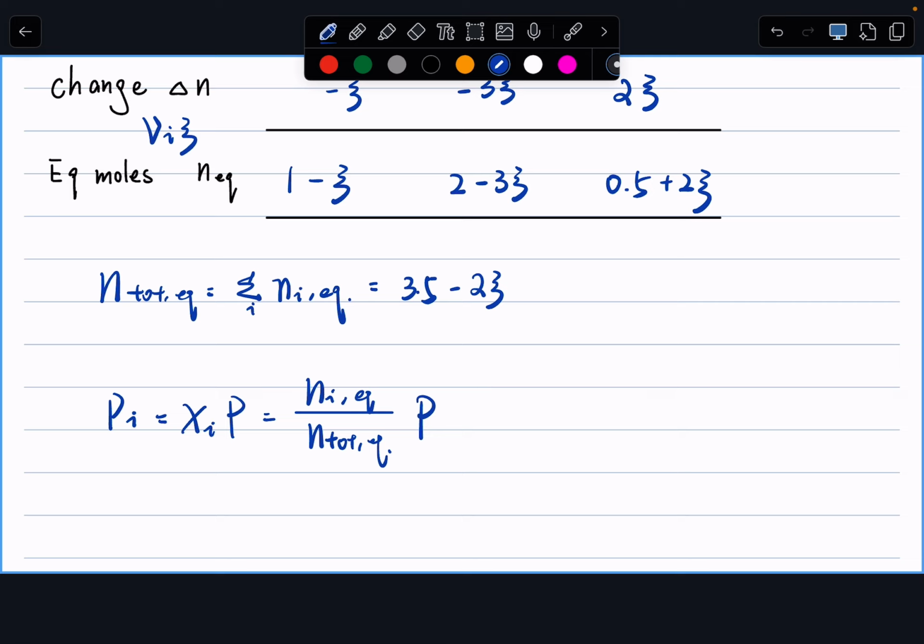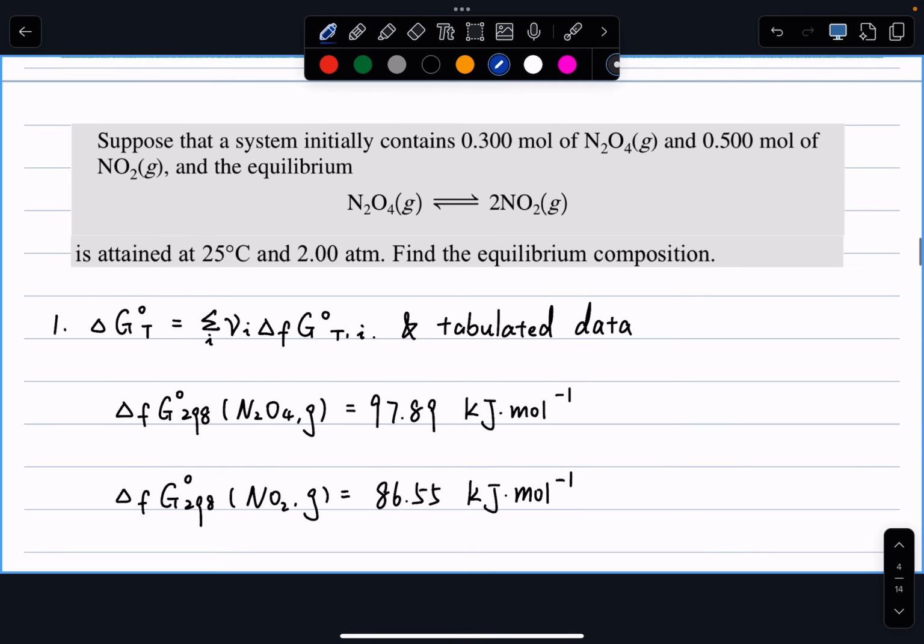And now let's do the real example, which might be a little bit more complicated. Imagine we have a system that initially contains 3 moles of N2O4 gas, 0.5 moles of NO2 gas, and we also give you the total overall equilibrium of this process. Both of them are behaving as ideal gases. The equilibrium is achieved at 25 degrees Celsius and 2 atm.